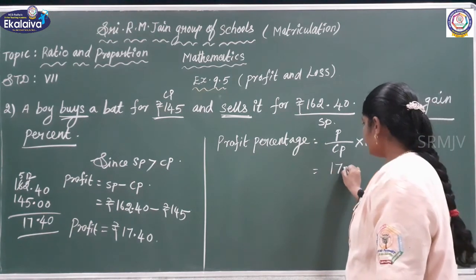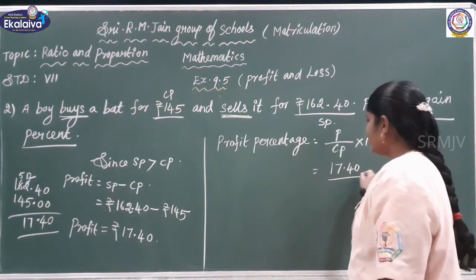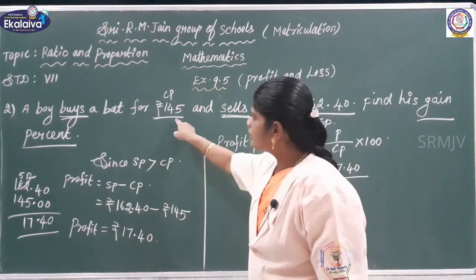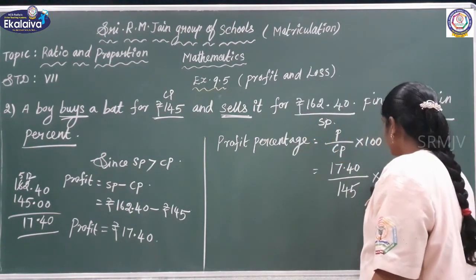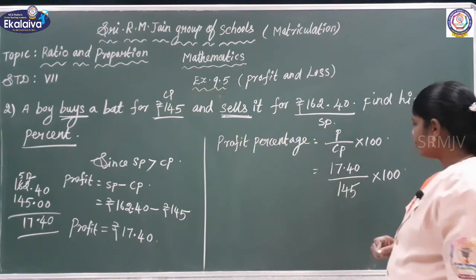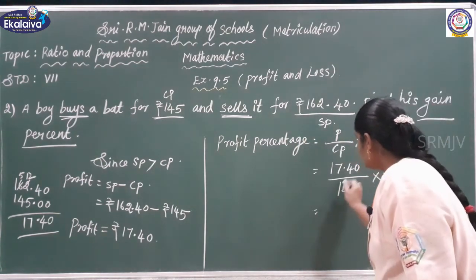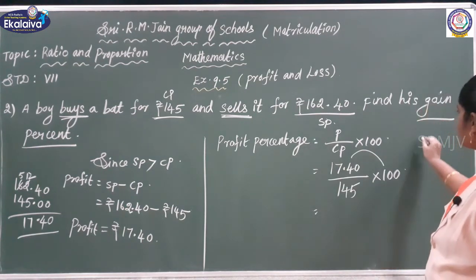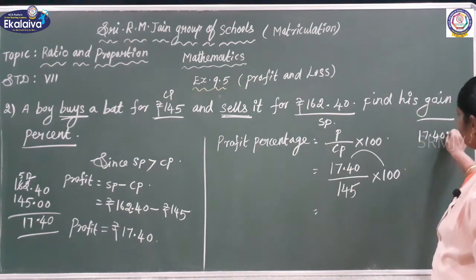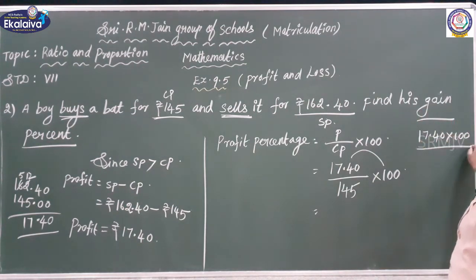So, 17.40 divided by cost price 145 into 100. Okay. First you multiply these two. Okay. Here 2 decimals are there. So, 17.40 into 100. When we multiply this, what you will get? 174000. Here 2 decimals are there. So, you want to keep here. Okay. So, what you are getting?